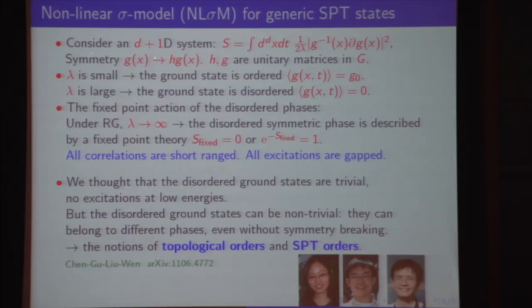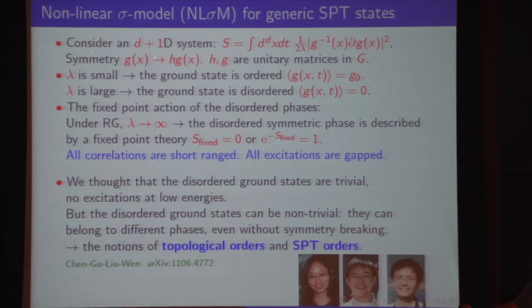Okay, so these are just two examples. I discussed two examples of SPT states. One is the Haldane phase in 1+1 dimension. Another is this Z2 SPT state, the CZX model in 2+1 dimension, and related physics.